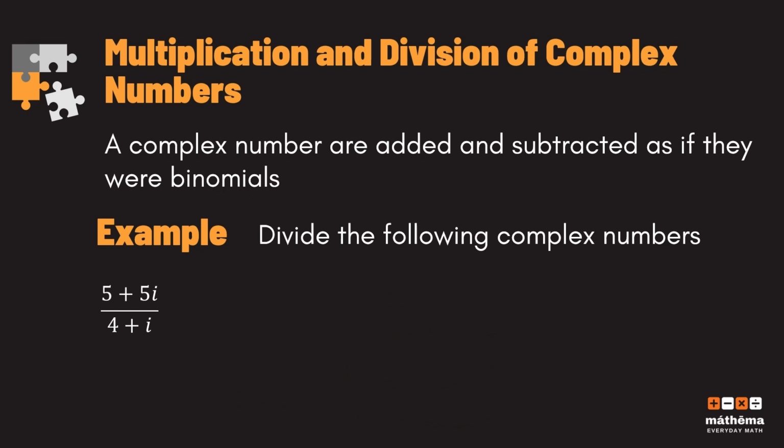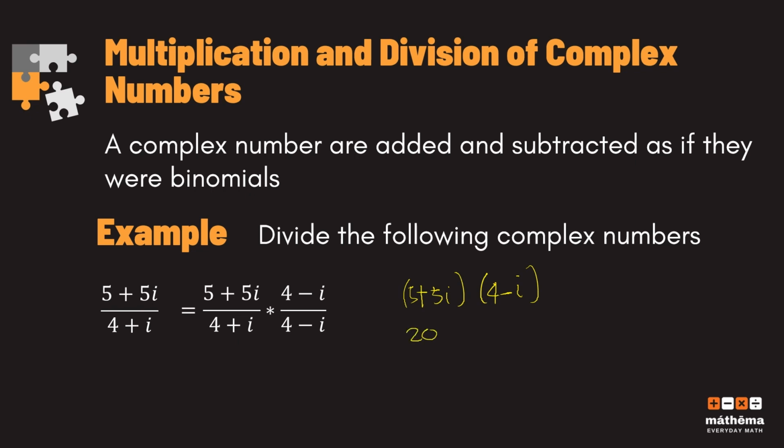Next, 5 plus 5i over 4 plus i. Again, the conjugate of 4 plus i is just 4 minus i. So let's compute first our numerator. We have 5 plus 5i times 4 minus i. Again, FOIL method: 5 times 4 is 20. 5 times negative i is negative 5i. 5i times 4 is positive 20i.